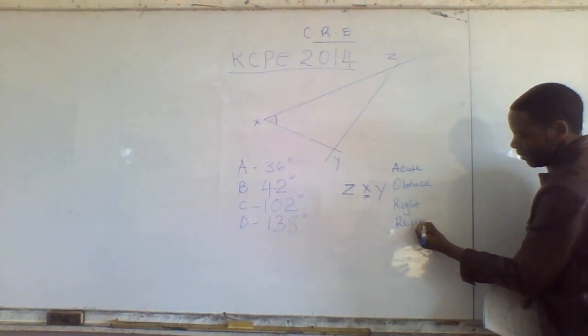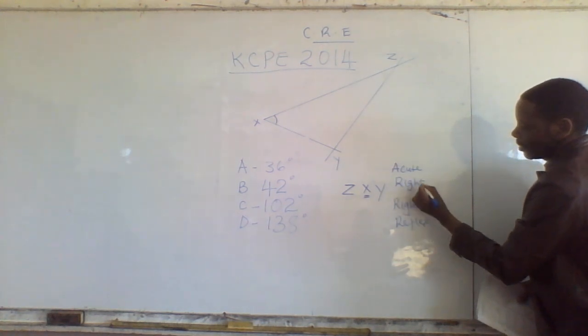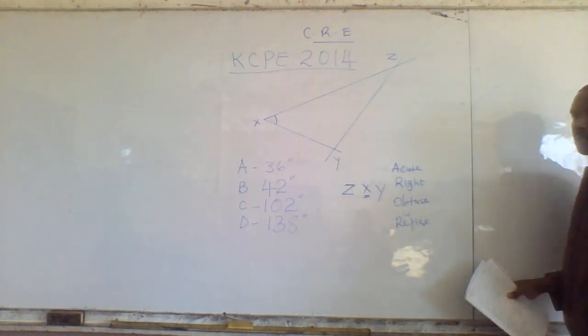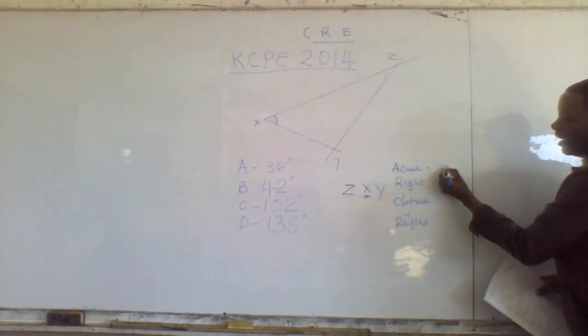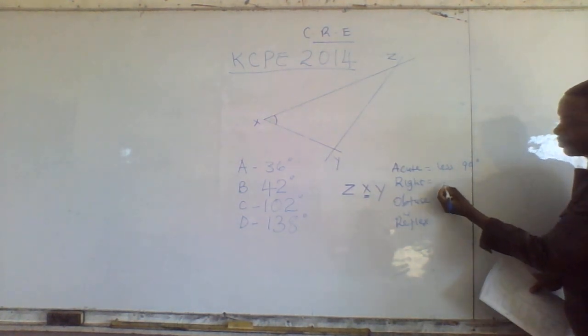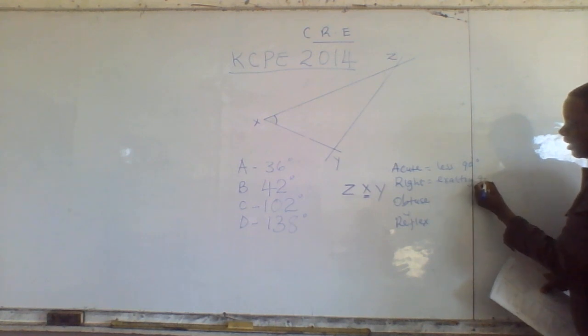Reflex angle. The right comes before the reflex, before the obtuse, if we arrange them by size. Acute is less than 90 degrees. Right is exactly 90 degrees.